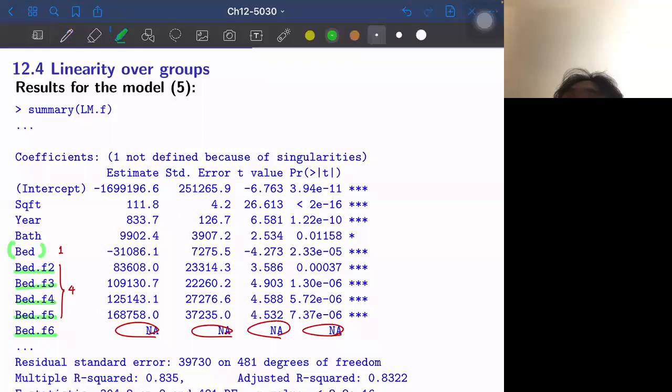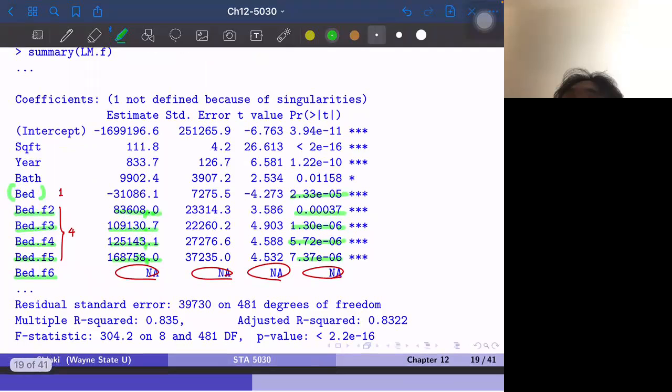One thing we can see is that the number of bedrooms as a continuous variable is still very significant, but also the differences between the baseline and 2, 3, 4, 5 are significant. It's a little bit strange, but bed has a negative coefficient, while the bed 2, 3, 4, 5 indicator variables have very large positive numbers, increasing over time. So probably if the number of bedrooms is small, then the price is a little lower. It's a little hard to interpret, but we have a nonlinear relationship between the number of bedrooms and the price.